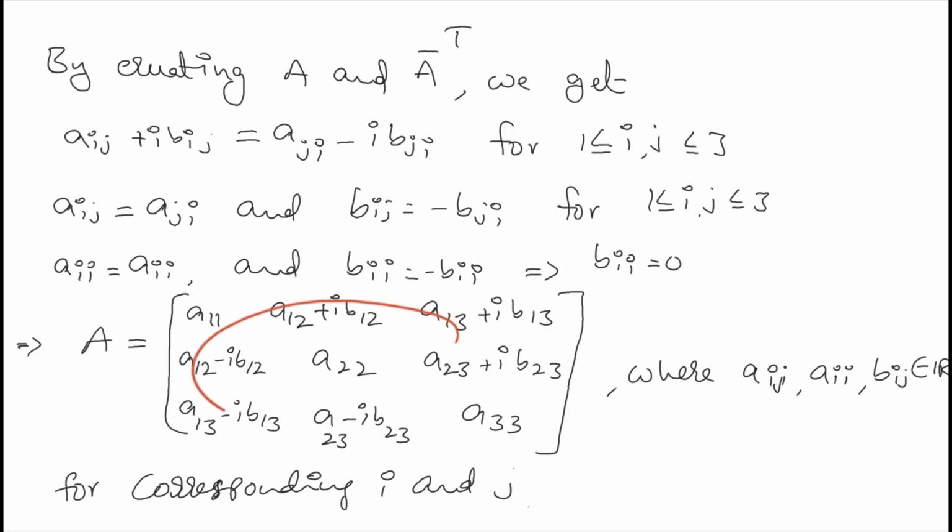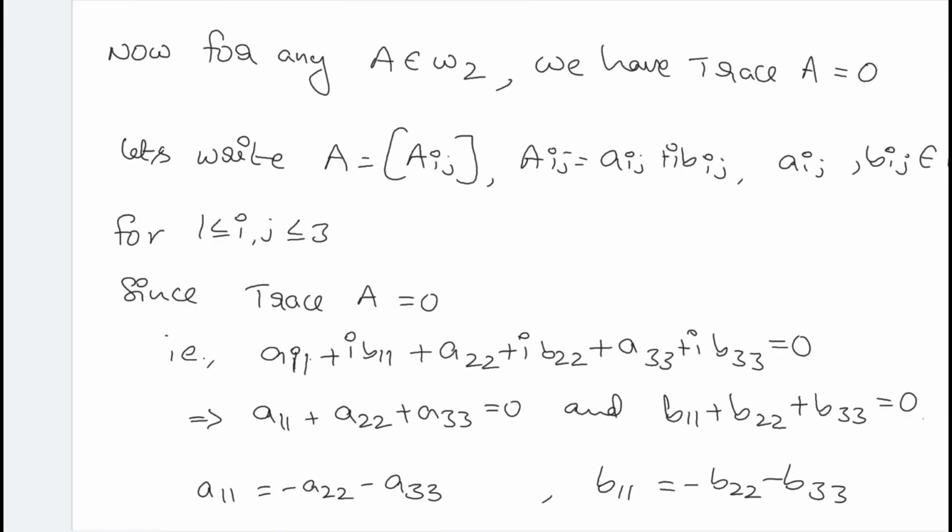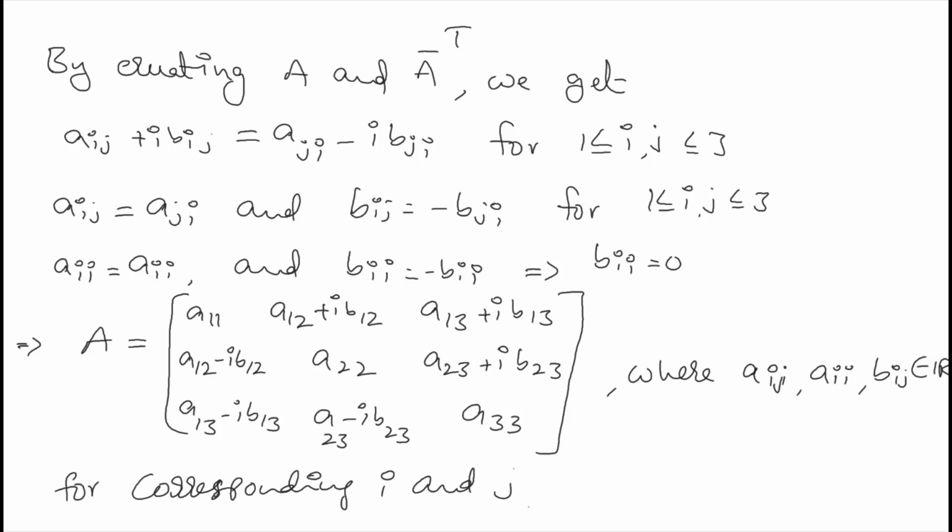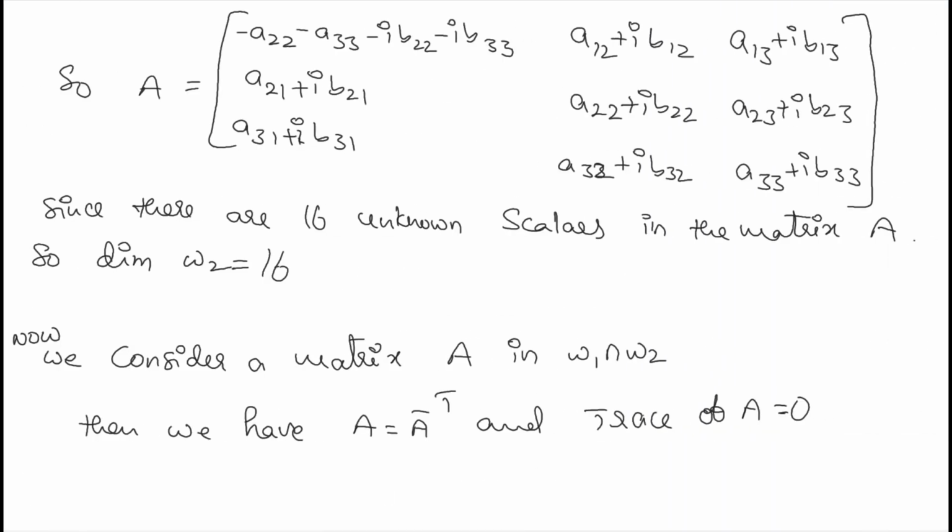And in addition, the trace of this matrix should be 0. Let me name this matrix as star. From star matrix, we have A11 plus A22 plus A33 equal to 0.